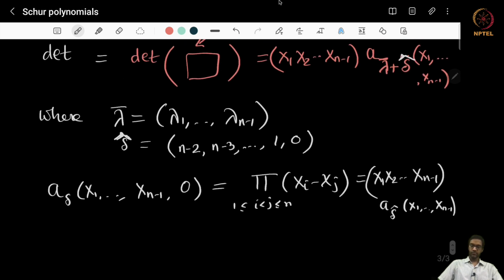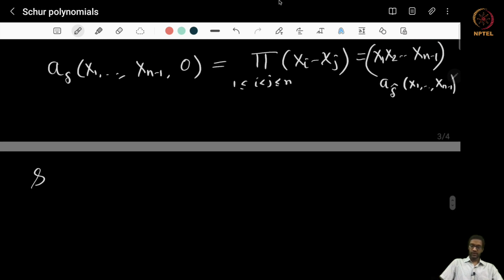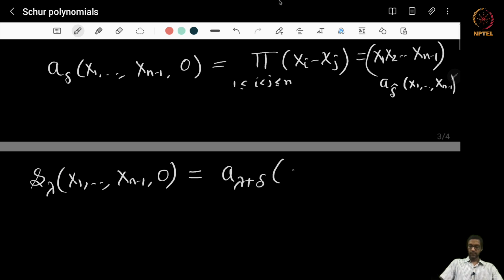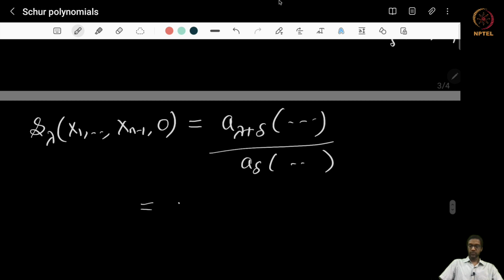Okay, and now you can see how the proof works, because now what we did is to say, if I take s lambda, then it was a lambda plus delta of those variables divided by a delta of those variables, but each of them has a common factor x1, x2, up to xn minus 1.